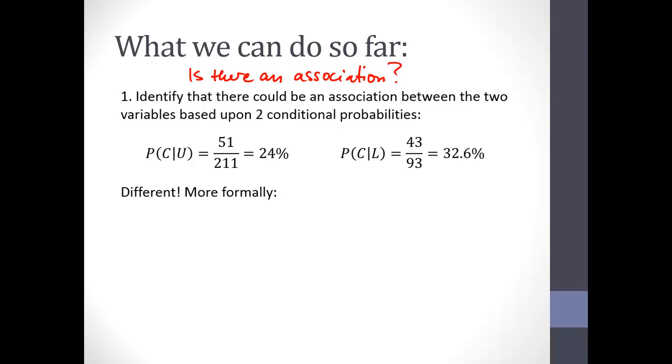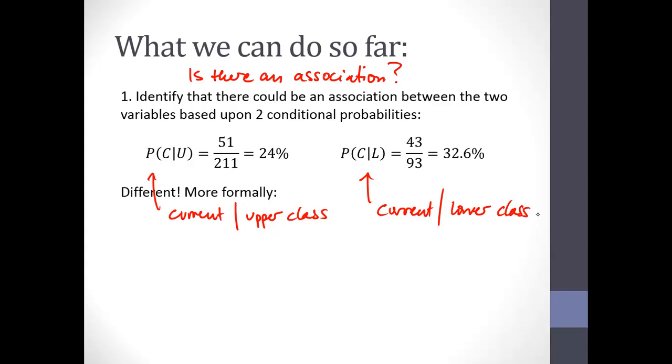Again, here's your favorite notation: the probability of being a current smoker given upper class, and the probability of being a current smoker given the lower class. Those two numbers are not the same, right? What we can see from these two probabilities is that the probability that you're a current smoker is different based on what socioeconomic status you're in.